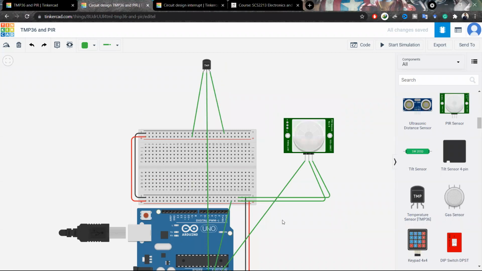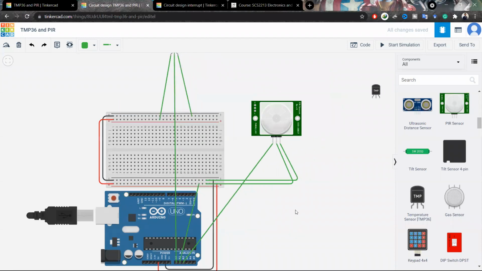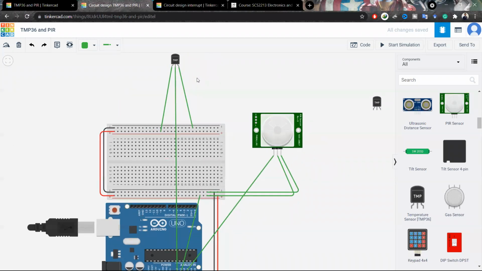So in here, the first one is the ground. I give ground to this minus row, right? Then 5 voltage to this row. Then I connected these 2 sections with these 2 sections. Okay. Now I'm going to connect the ground pin.